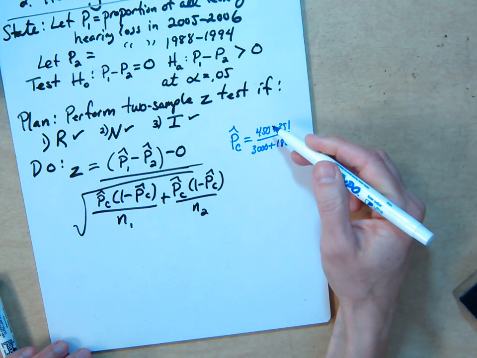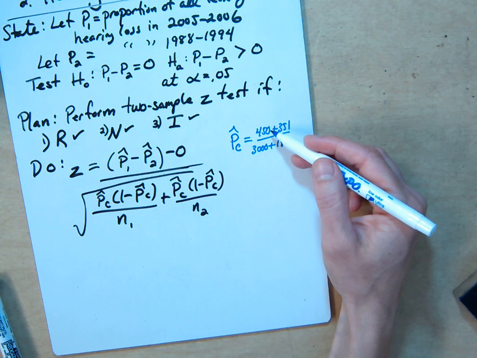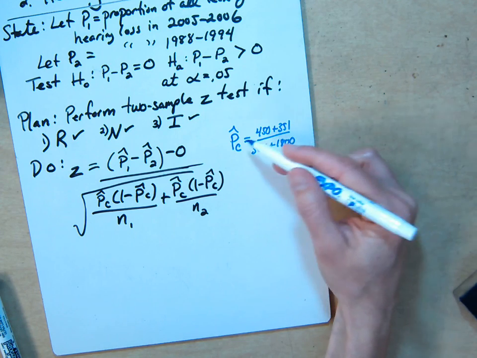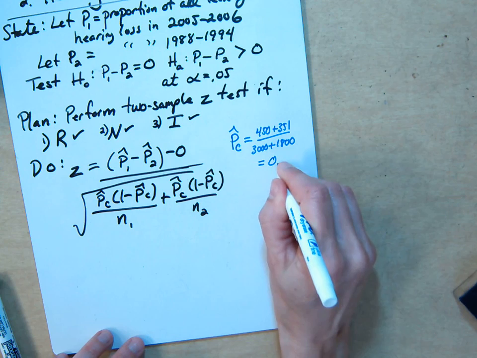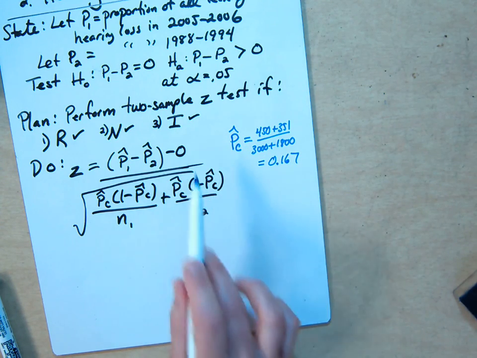And the 450 comes from 15% of 3,000 that showed hearing loss. The 351 is 19.5% of 1,800. So that's the pooled proportion, which should come out to 0.167. So wherever you see that, you're going to plug that into the formula.